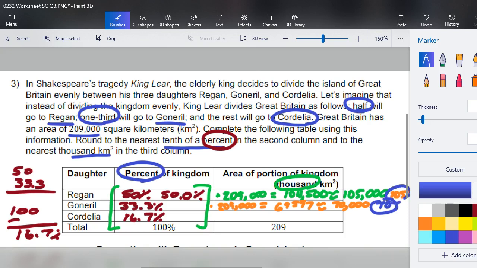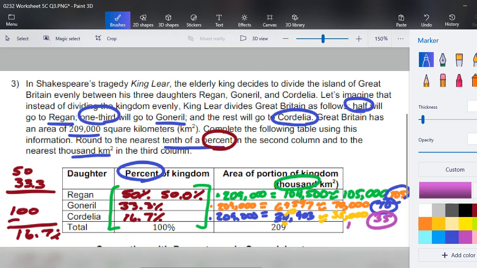So 105 on the first, 70 on the next, and then finally, we multiply the last one times 209,000, so it's 0.167 times 209,000, and I got 34,903. Rounded to the nearest thousand, that 9 makes my 4 go to a 5, so I'm getting 35,000, or to answer this one correctly, 35.